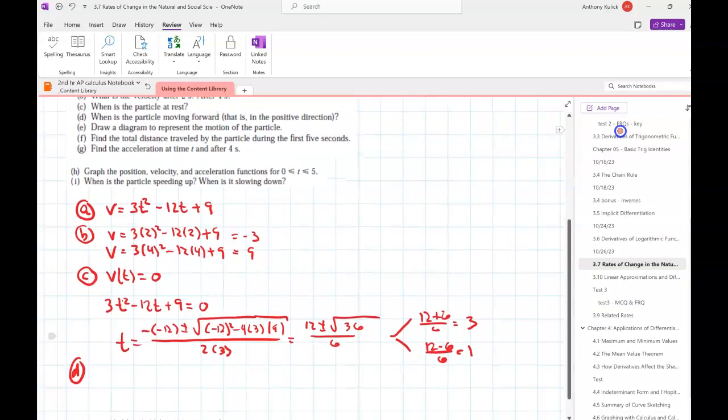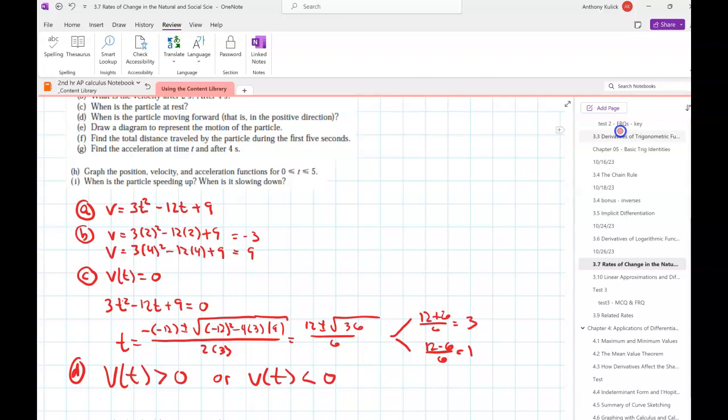Part D says, when is the particle moving forward, that is in the positive direction, and when is it moving backwards? So you want to know when the derivative, the velocity, is positive, that means it's moving forward, or when it's negative, right? Now, again, you could say we could graph this.